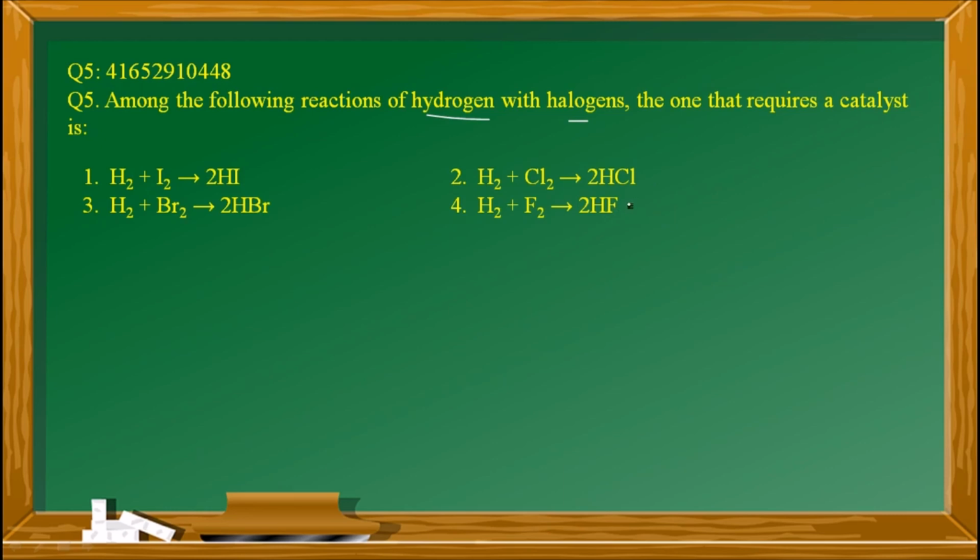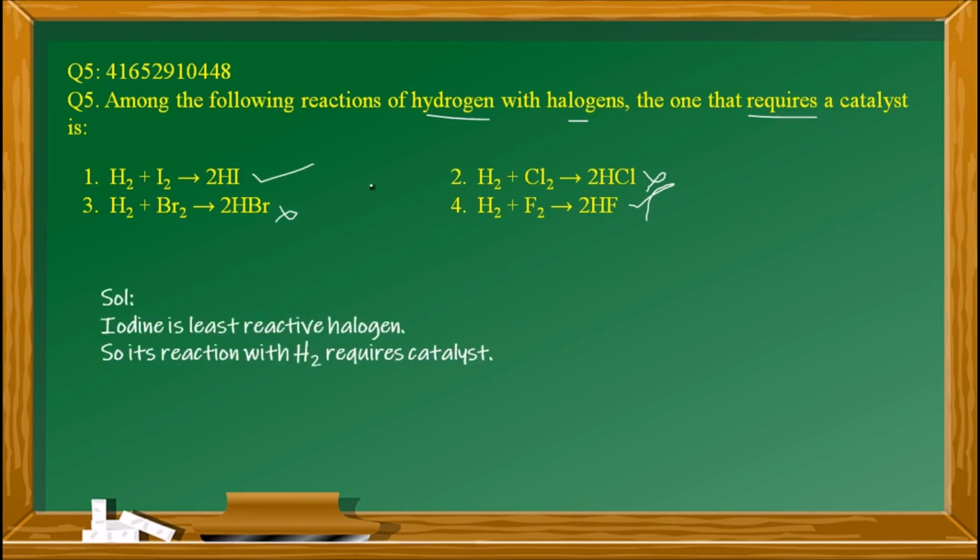HF forms instantly. It doesn't require any catalyst. They are asking for the one that requires a catalyst. HCl immediately forms, HBr immediately forms. Hydroiodic acid requires a catalyst because iodine is the least reactive halogen. So its reaction with hydrogen requires a catalyst. So option number 1 is the correct option, friends.